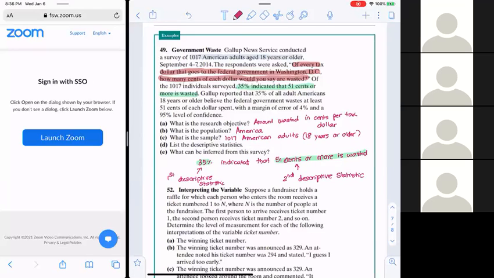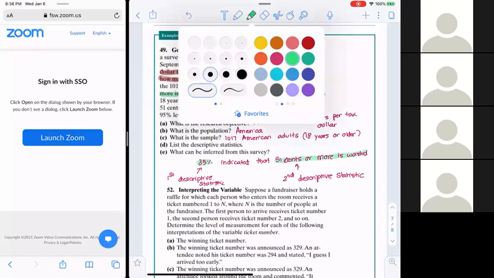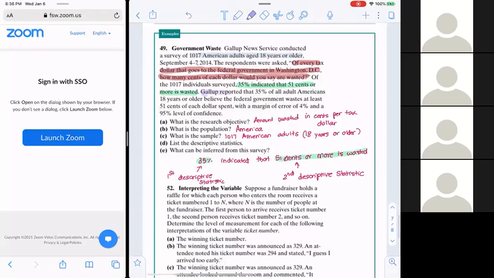Now, note something very, very important in the very last statement. That is our inference bit. So let me shade that or highlight it in a different color. And that is the inference part of things.